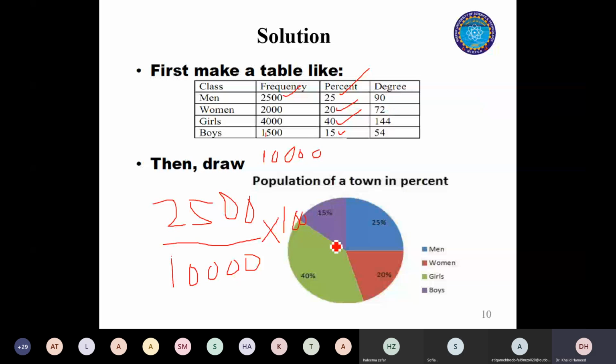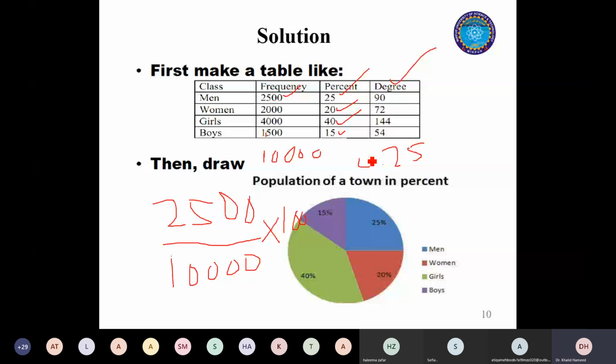So what you need to do now, let's suppose you have 25% of the observations. So how to do it? Convert them into the degrees of a circle. 25% is nothing else but 0.25.